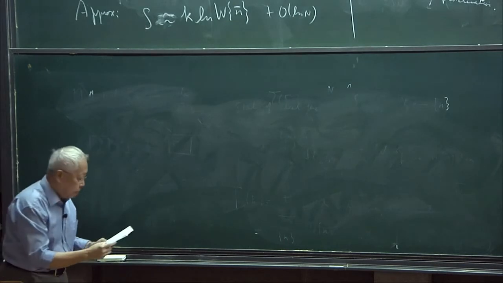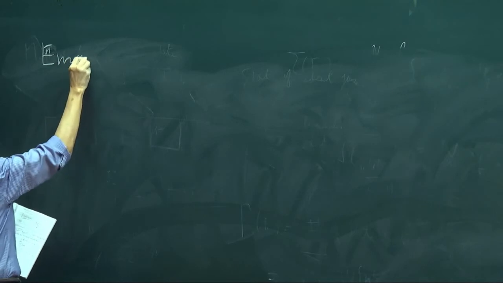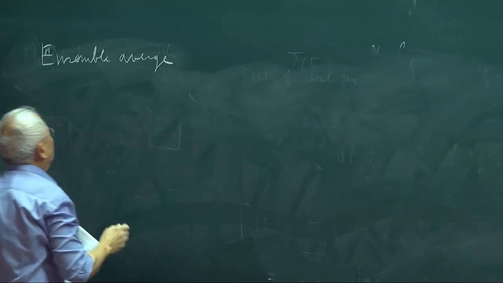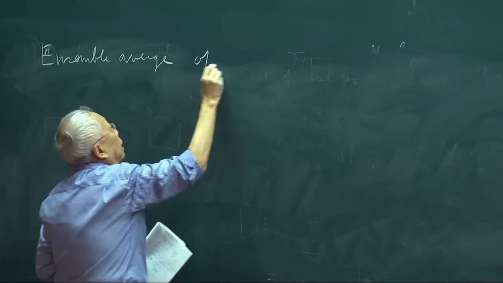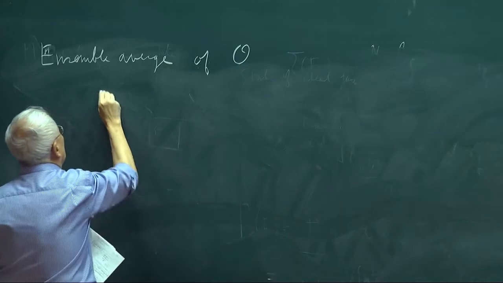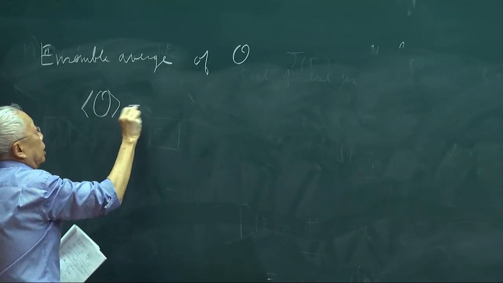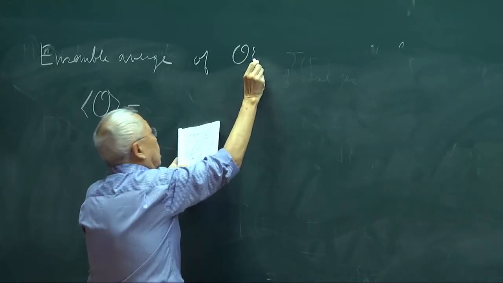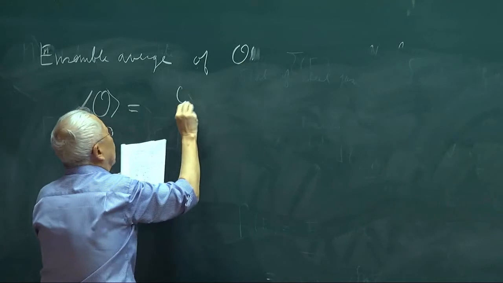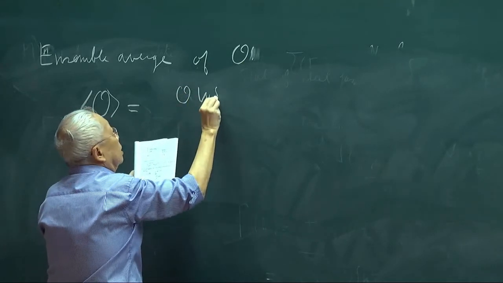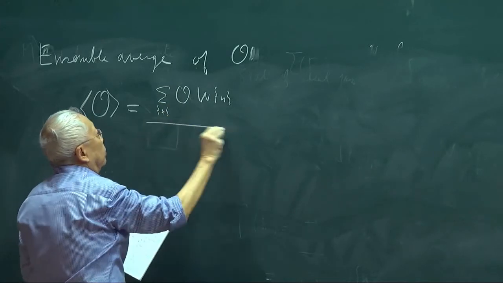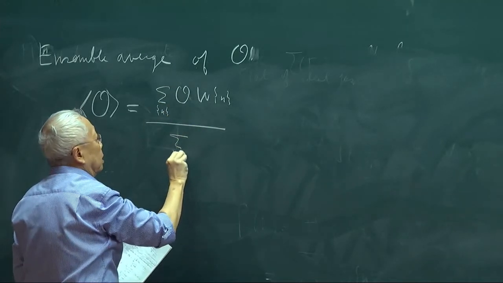So, ensemble average. If I have, say, a quantity O, the ensemble average is defined as O, which depends on n, so it's O times Wn summed over n, divided by the sum over n of Wn.